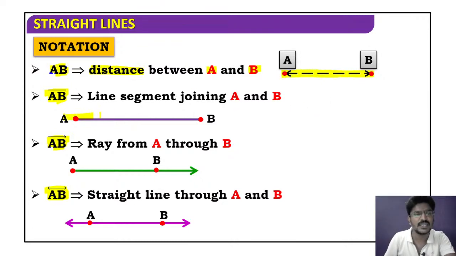Line segment AB has its geometrical representation and is written as AB with a line over it, and ray AB from A to B is given by like this, and the straight line through the points A and B is given by like this. Okay, so these are some basic notations, you just go through it, that's all.